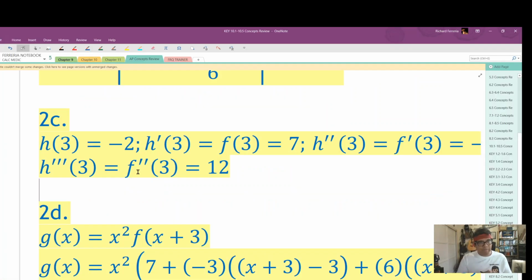So for letter C, you're given this information that h of 3 is negative 2, and then all subsequent h derivatives are going to be the same thing as f.